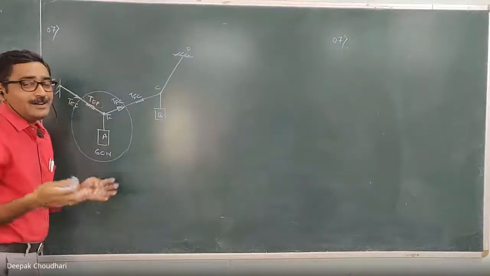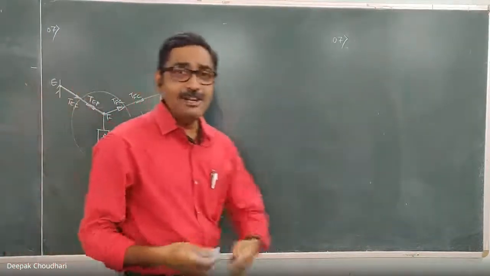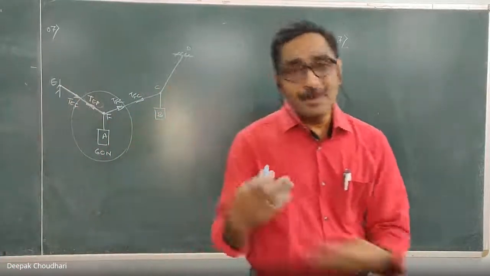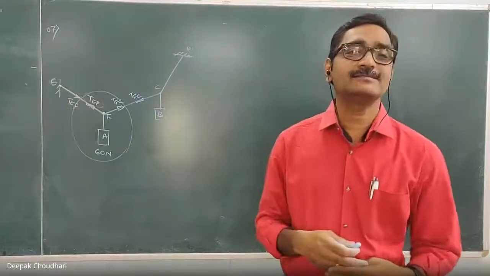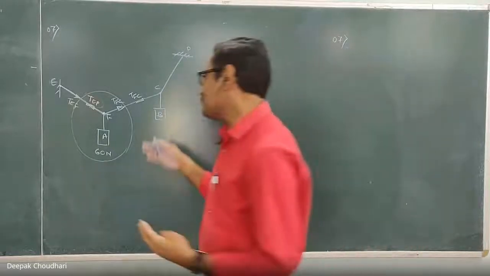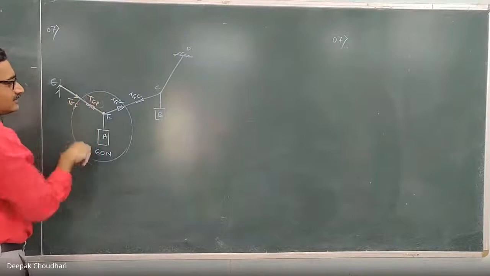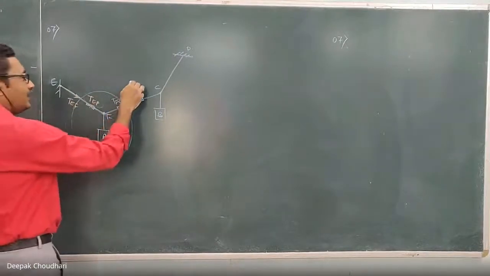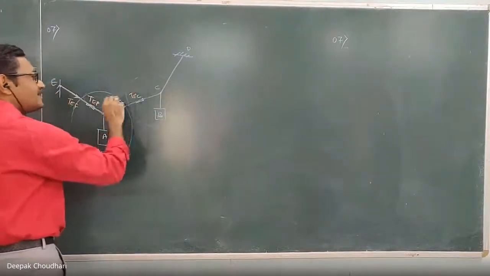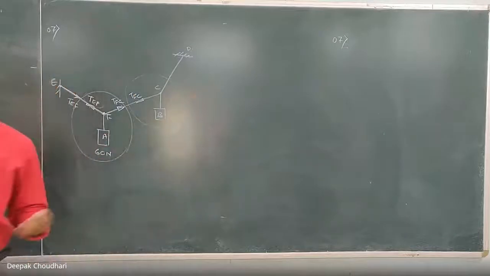It becomes an equilibrium of a number of bodies of the system together. In such cases, to find the forces, you have to separate them. So we will take an imaginary section around F and isolate F, and around C take an imaginary section and isolate C, and we'll solve that separately.